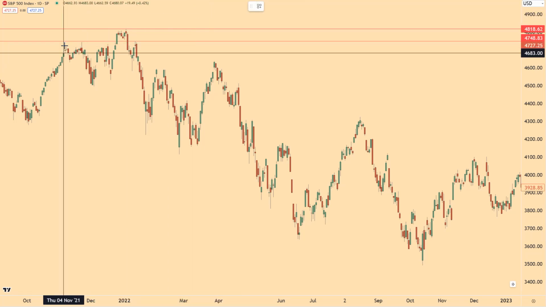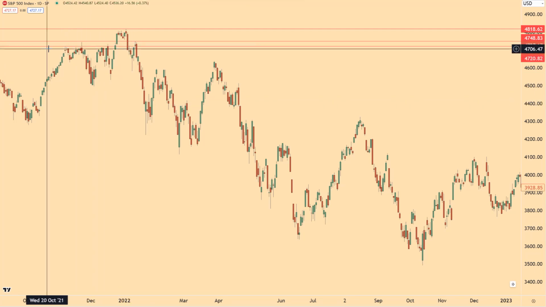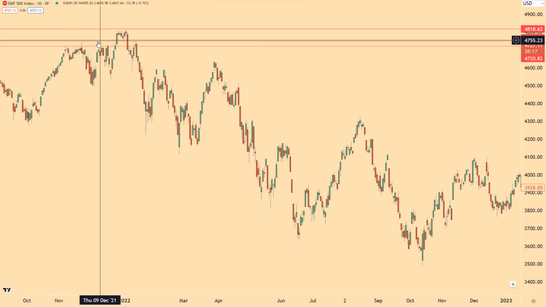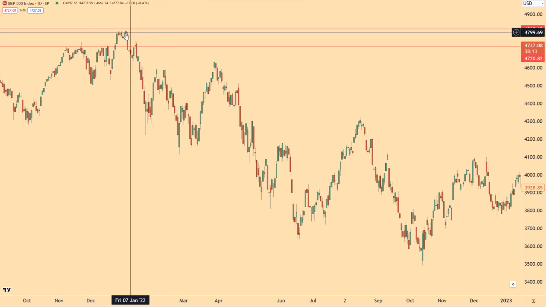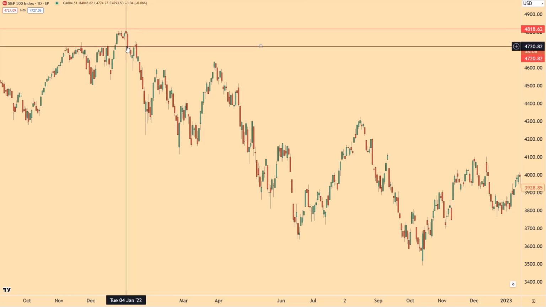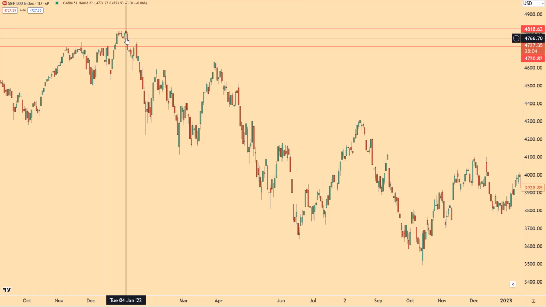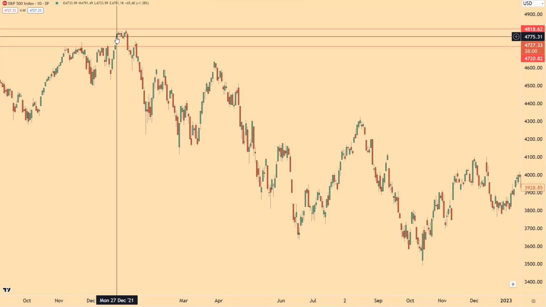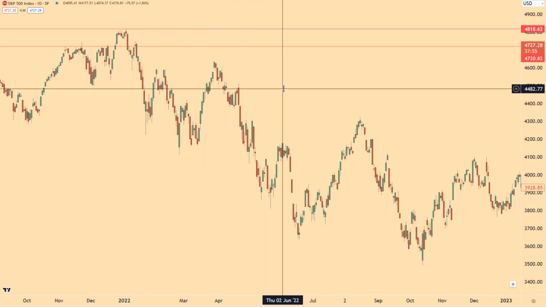So if we put a line on all of these, we can delete all of the lines that are in the middle, and what this creates here is an area of support and resistance instead of just having a singular line, because we had multiple topping action from the market's price in this area right here in a relatively small area. We can consider this entire range a support and resistance range.